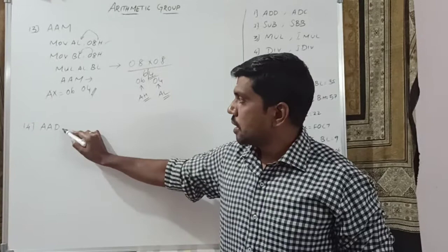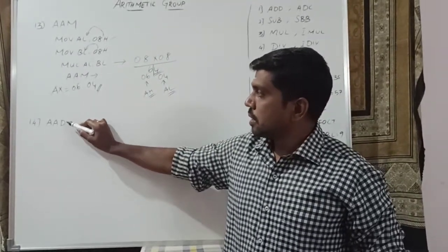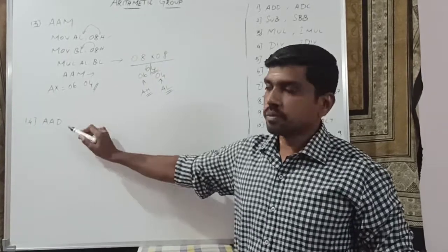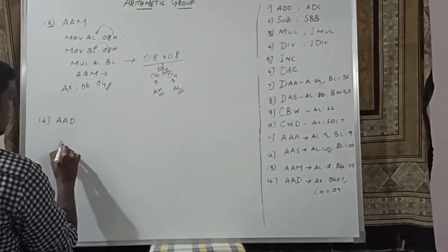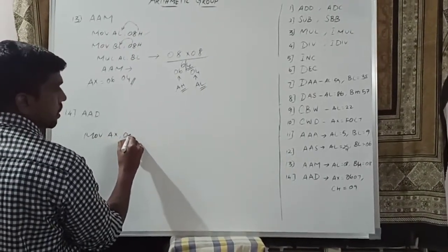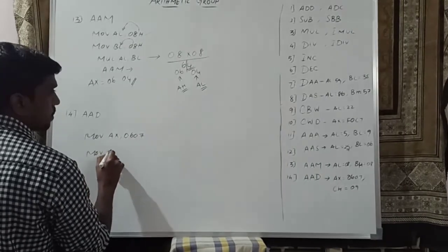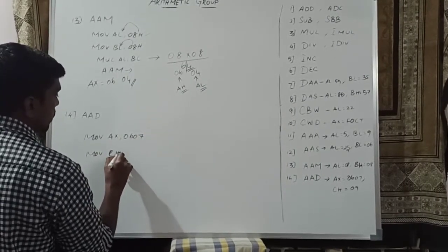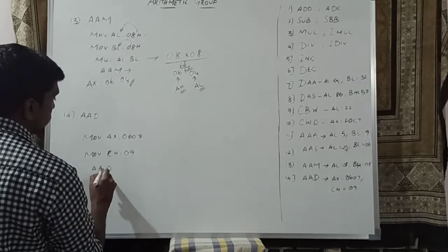The next one is AAD. This instruction performs the adjustment before division. Here also we write the program: MOV AX, 0607; MOV CH, 09; AAD.